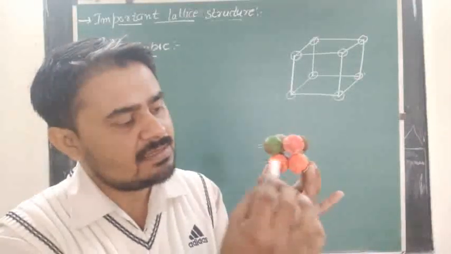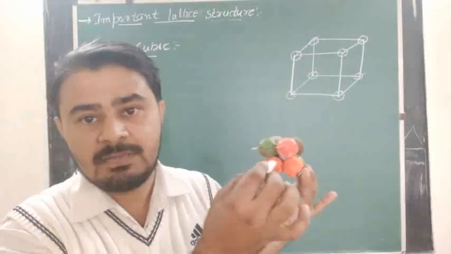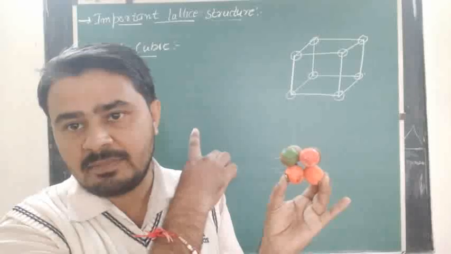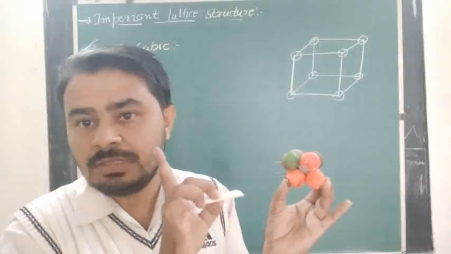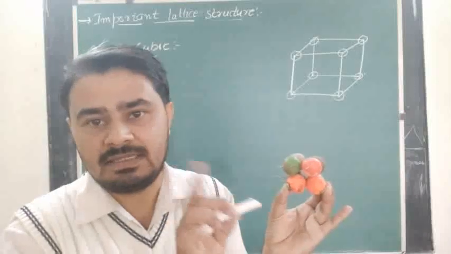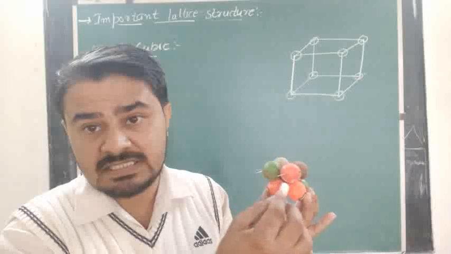In this case, this atom and this atom are touching each other, but when we show it diagrammatically, it is separated. Clear? So you should not be confused that these atoms are separated from each other.